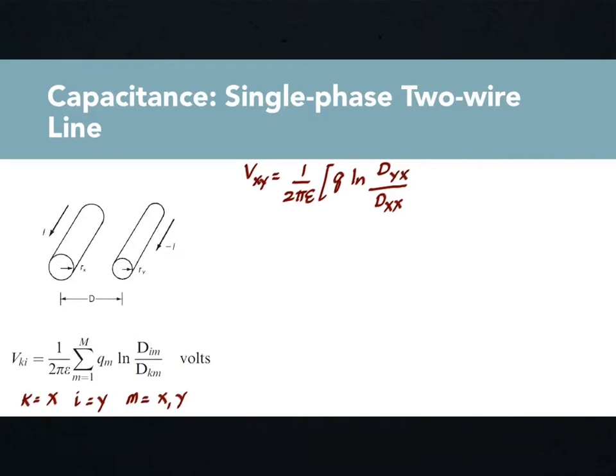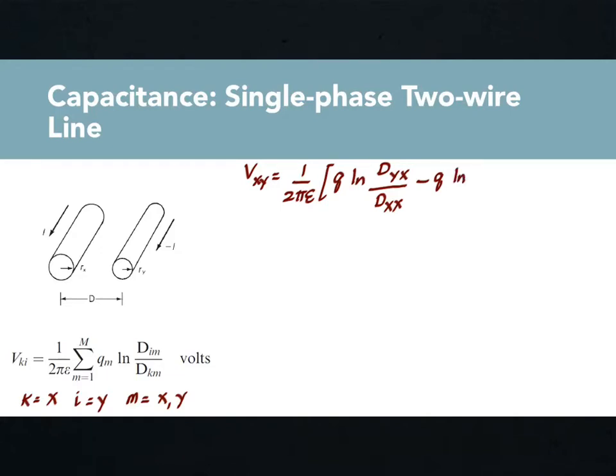Now, let's move on to the second conductor. That conductor has a negative charge, which is negative Q. So its summation is no longer plus, it is minus. Then same thing, ln of DIM.